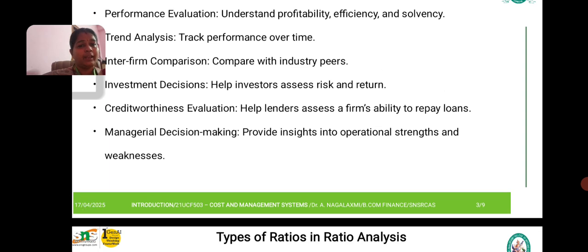Next is managerial decision making, which provides insights into operational strengths and weaknesses. It is in the hands of the top management, who will get knowledge about the operational strengths and weaknesses of their company through ratio analysis.